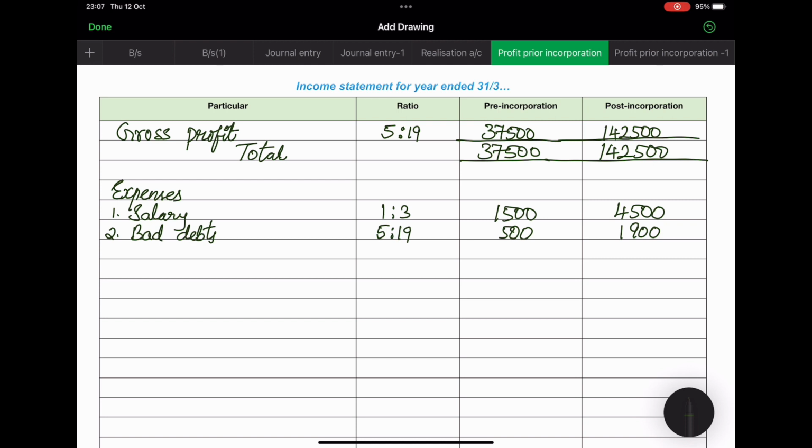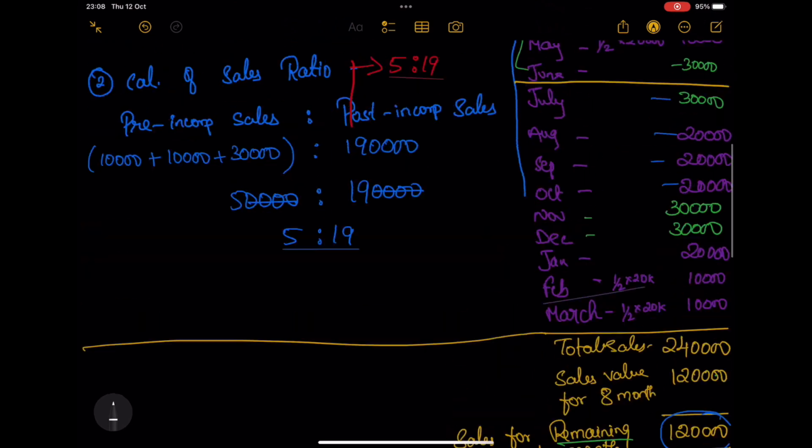Next we have interest on purchase consideration. I'll write it down directly because there is a kind of adjustment there. If you observe the question, you will get to know. Let me show the question directly, then you will understand the adjustments properly.